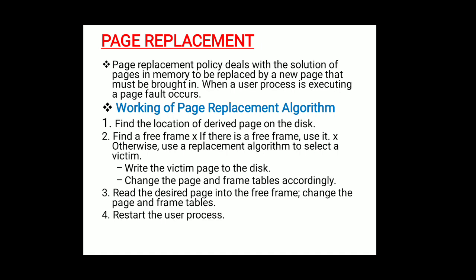Secondly, find a frame in the main memory. If there is a free frame, you can make use of it. If there is no free frame, use a page replacement algorithm in order to select the victim frame. Write the victim frame to the disk and change the page and the frame table.